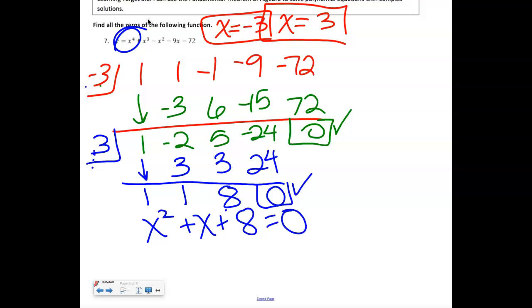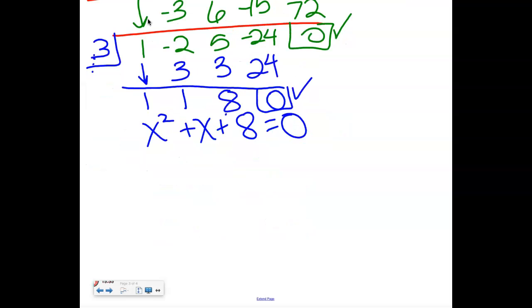Can I solve this part by square rooting? Can I factor? No. So then what do I have to use? Quadratic formula. What do we already know about these answers I'm about to find? They're imaginary. So if you do not get an imaginary answer, you know you're wrong.